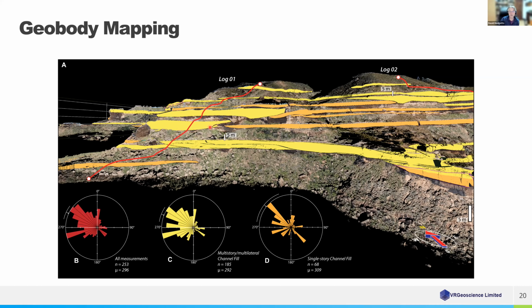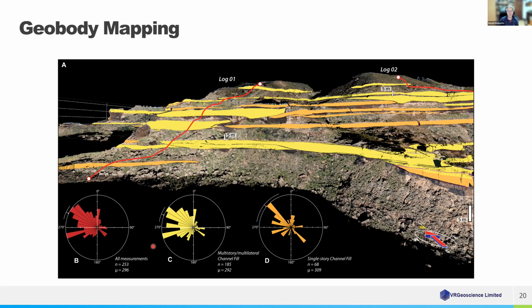So what we did was, for each of the geobodies where we could, we would measure as many paleocurrents as we could within the geobody. We would then plot those paleocurrents on a Rose diagram. We would take the most common paleocurrent orientation and use that as our most likely, and then use the others to give us a possible range of variation.